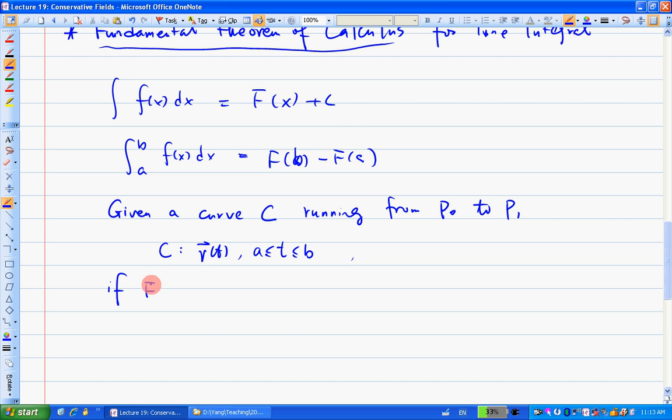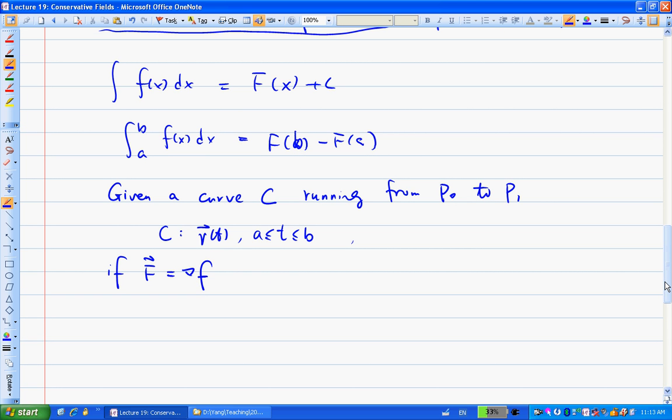Now if I have a vector field F, which is the gradient of a scalar function f, then the line integral, which is the one that we're trying to evaluate over this curve C, we're not going to evaluate as we did in the previous lecture, where you put all the parametric equations into it.